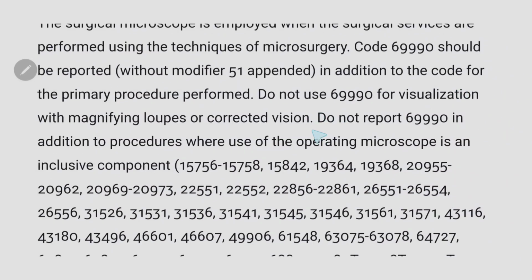And read the important note above the code 69990, that is do not use 69990 for visualization with magnifying loops or corrected vision, and do not report this code in addition to the procedure where use of operating microscope is an inclusive component. That is, you should not report 69990 with all these codes.